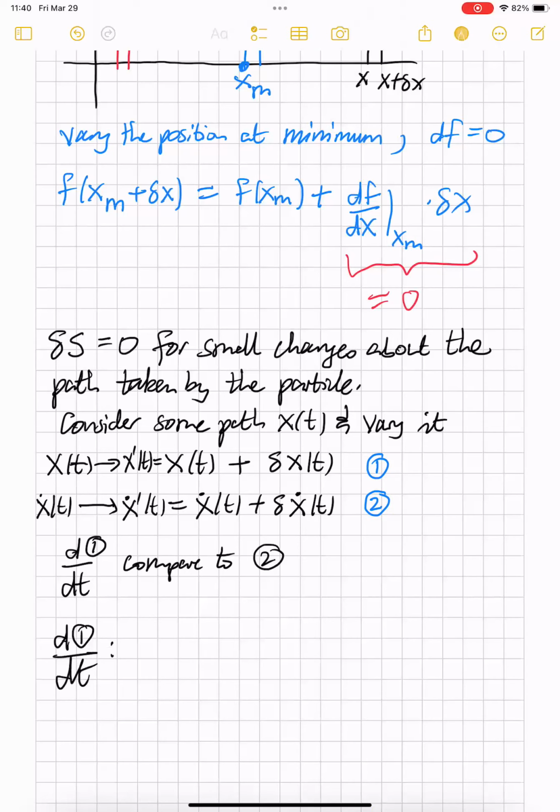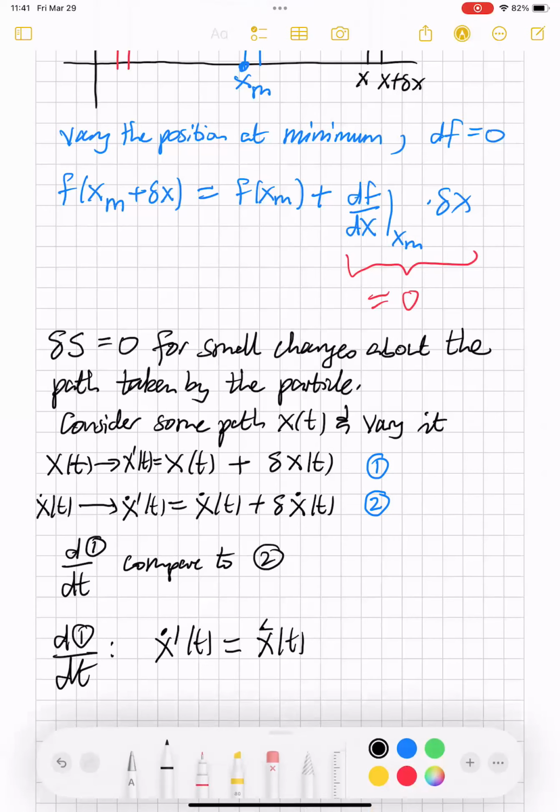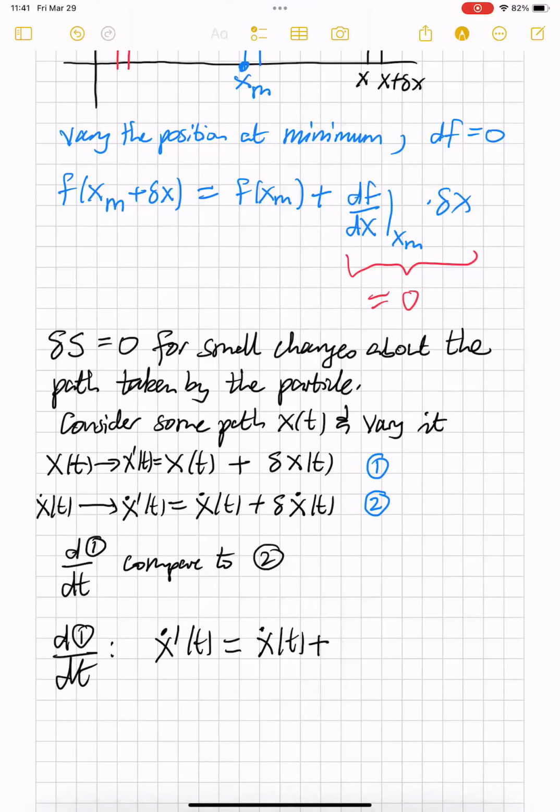Well, I will get d by dt of x primed of t, so that's just going to be x dot primed of t is equal to, I'm going to get d by dt of x of t, so that's just going to be x dot of t, and then I will also get plus d by dt acting on delta x of t.